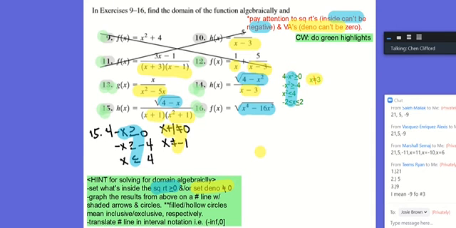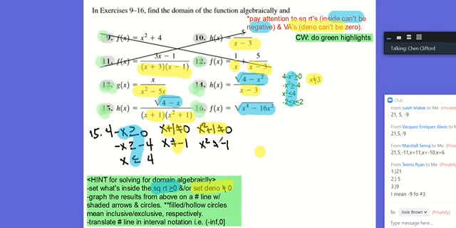Now, x squared plus 1 cannot equal 0. Now, you subtract 1 from both sides. X squared cannot equal -1. Now, check this out. This is a little bit redundant. If you square anything, it can never be a negative number.